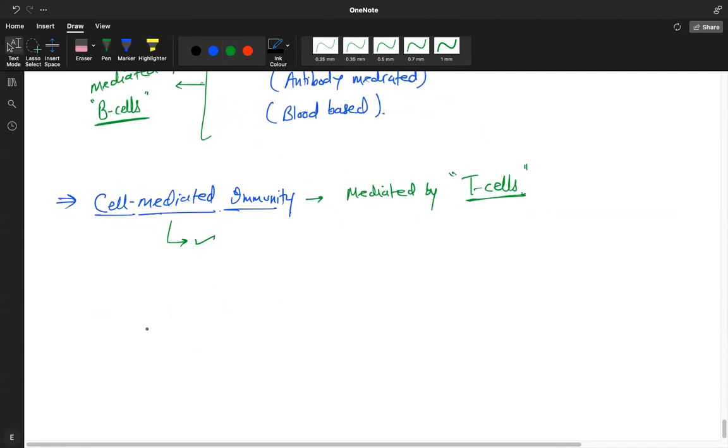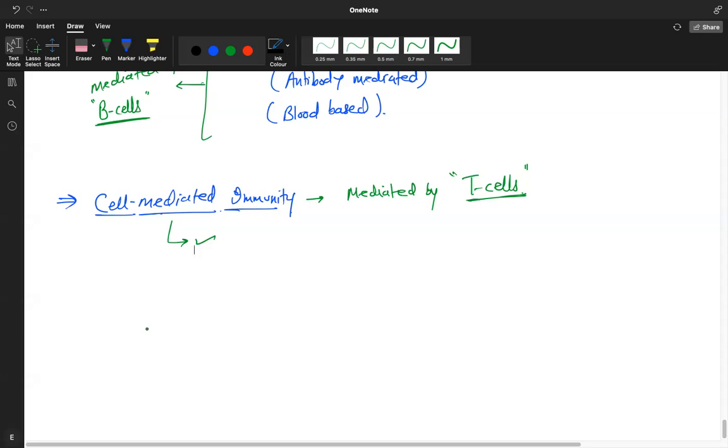Now, as we were talking about antibodies, there are two types of immunity that can be given to a person. One is called active immunity and the other is called passive immunity.